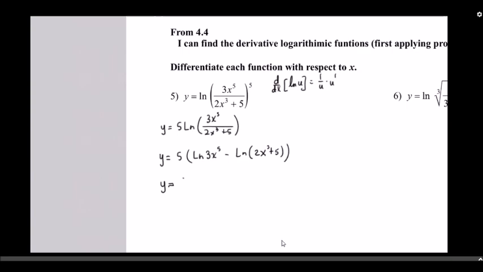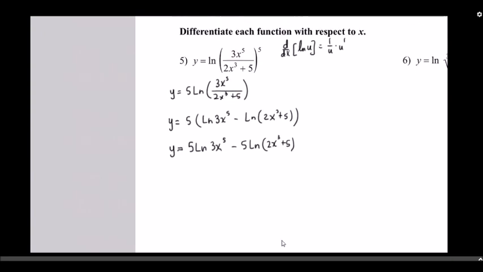And if we want to distribute the 5, okay, now we can take a derivative using this rule here.